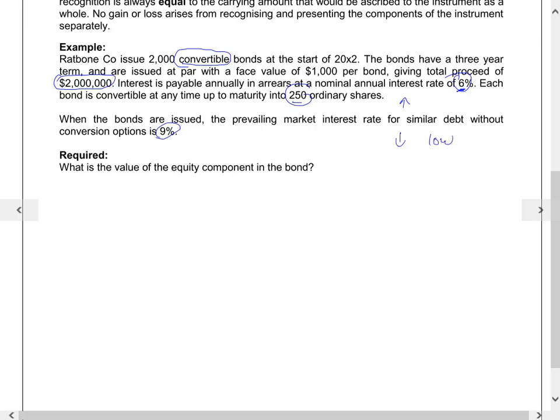How much? Don't know. What can I use? Square root. 1.09 square. Keep it this way.